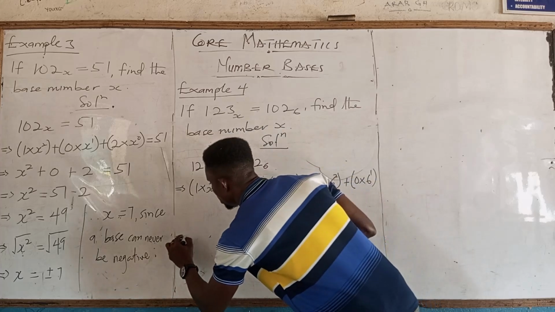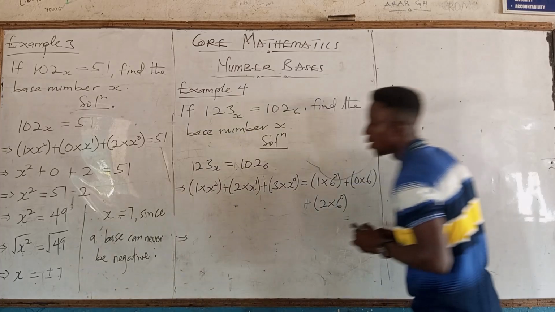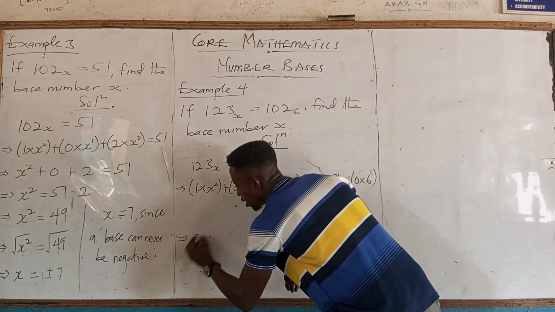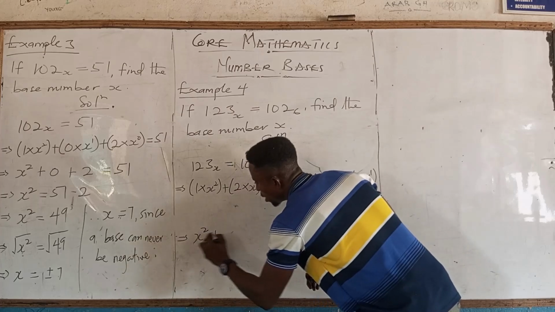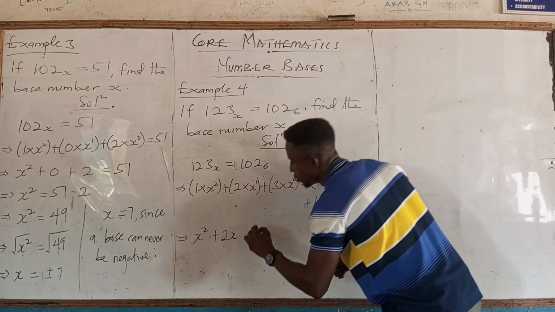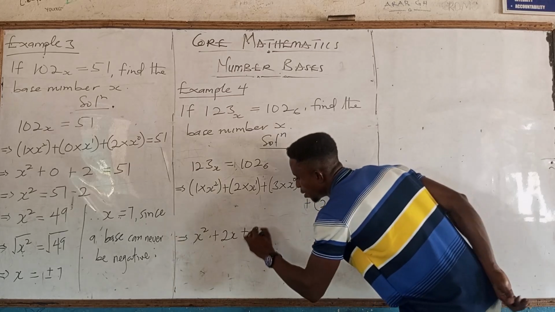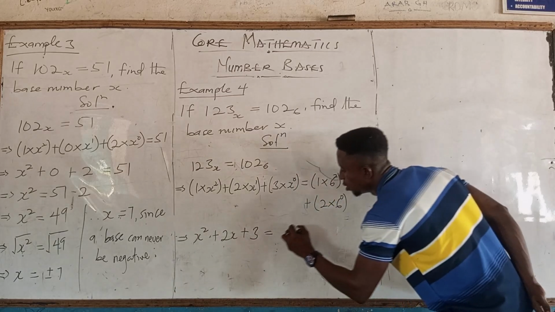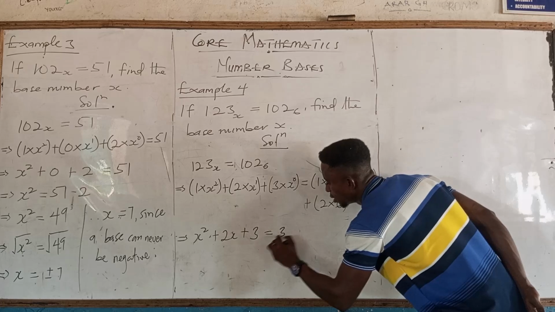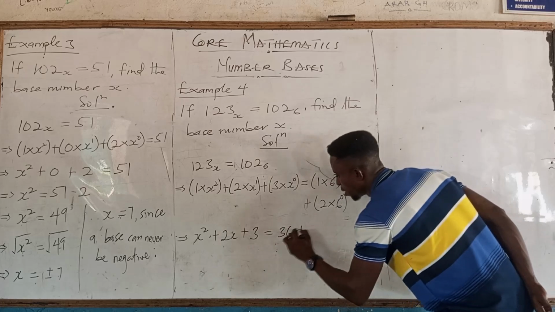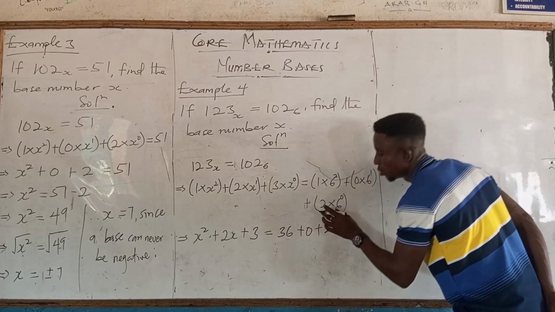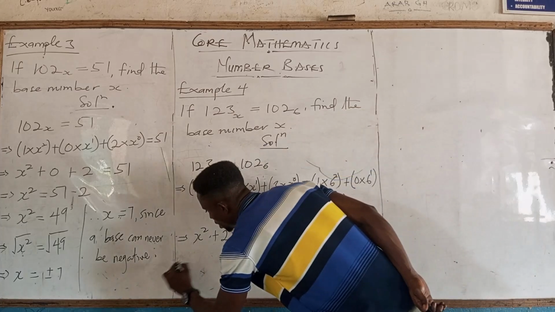So continuing, we will get x squared plus 2x plus 3, which is equal to 36 plus 0 plus 2 for this one.